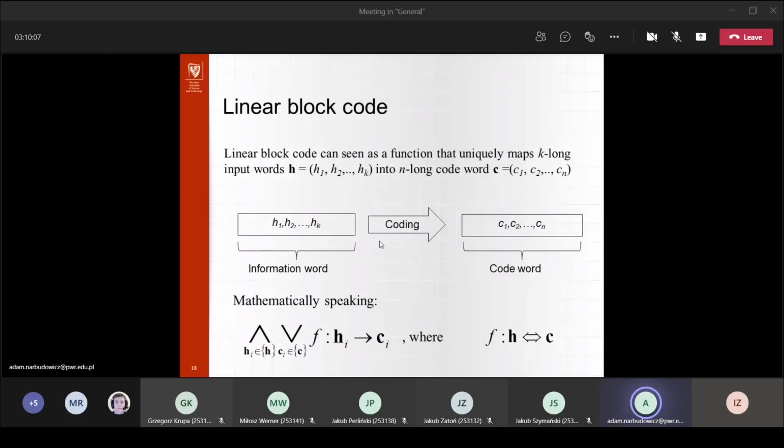Okay. So moving to the coding again, we go back to our linear block code. And this is a little bit of a formal definition, right? So we have some sort of information word, which is a k-long sequence, and then we convert it into an n-long sequence, where obviously n typically has to be greater than k.